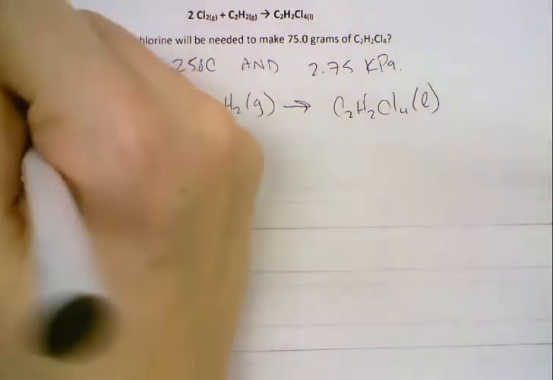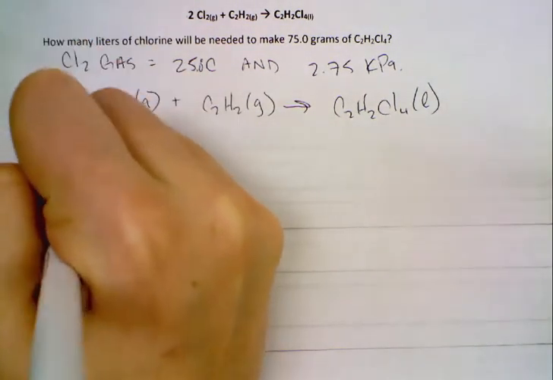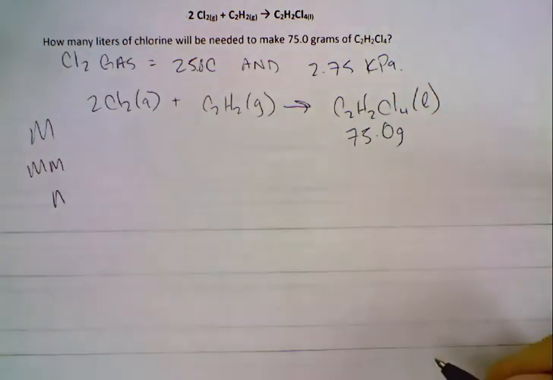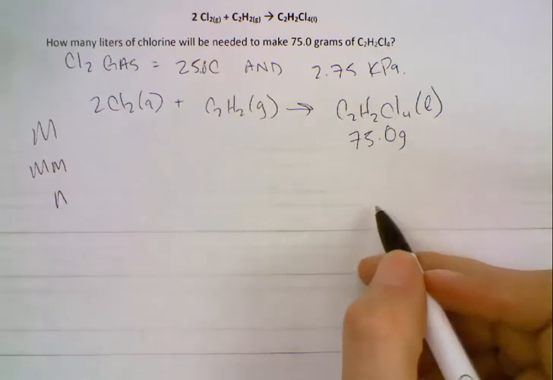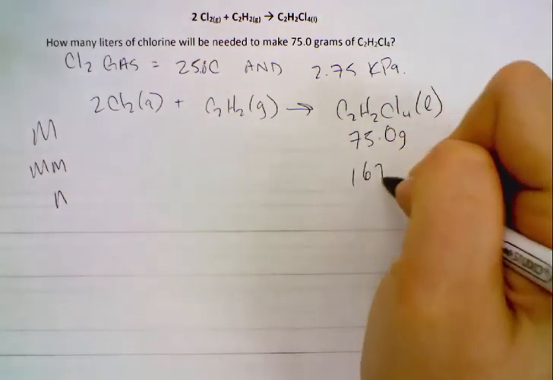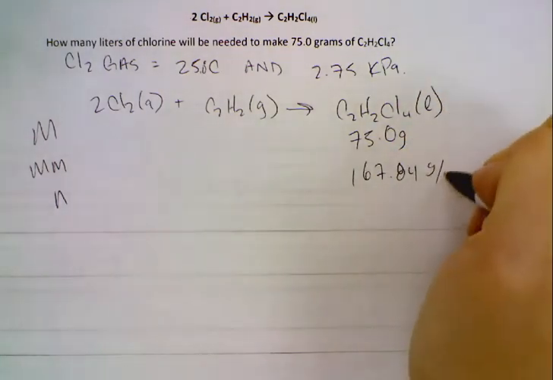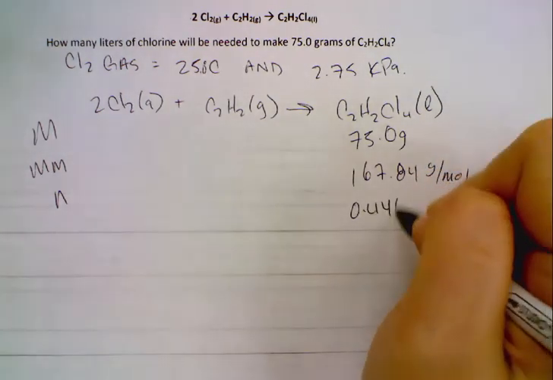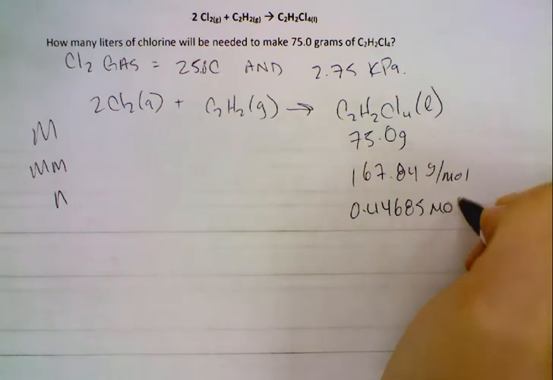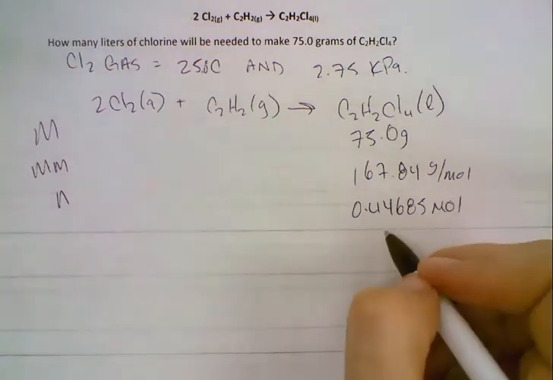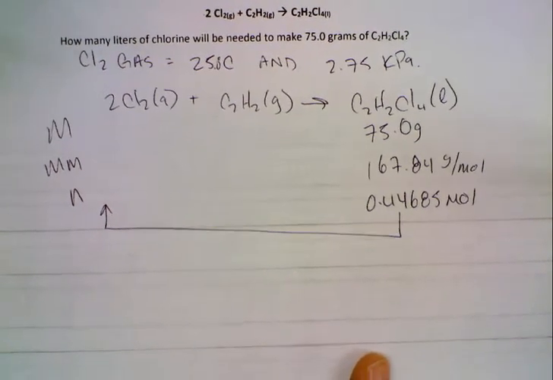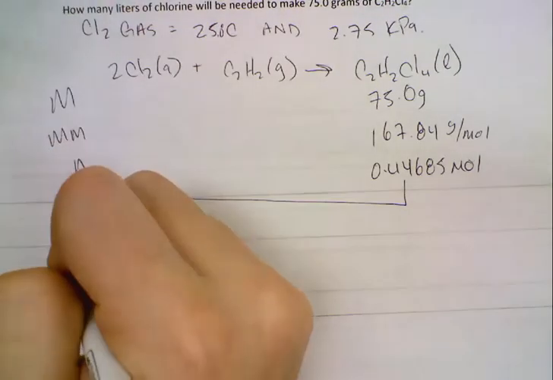What information is given to us in the question? Okay, we know our mass is 75 grams. So from that we can figure out moles, because we can look up, using the periodic table, what molar mass is, and from that we can figure out moles. Okay. Also now, just like Unit 2, we can use that information to figure out number of moles by using our mole ratio.